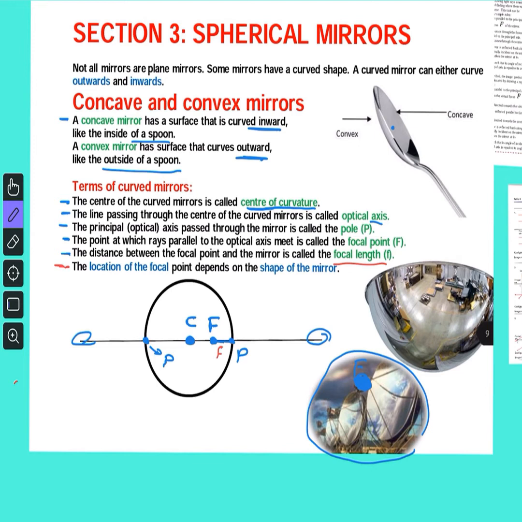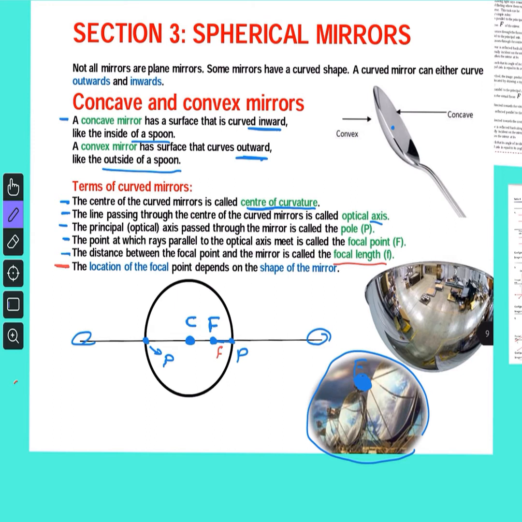You have to know that. If you have a wide curved mirror, you're going to have a long focal length. If you have a small curved mirror, you're going to have a small focal length.